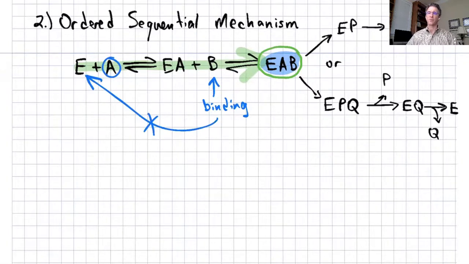So that in the absence of the first substrate, the B part of the active site isn't ordered or structured, or binding determinants are essential from A. You can't bind the B substrate at all. And this is often a mechanism used where B is an expensive molecule. It's something that took some investment to make, or took some investment to scavenge from the environment. It's something that the cell really doesn't want to waste.